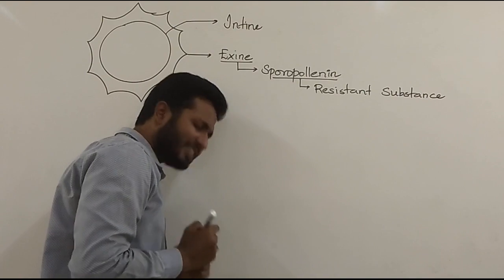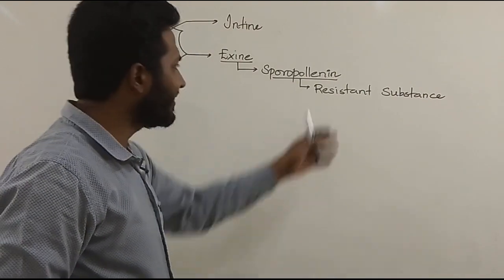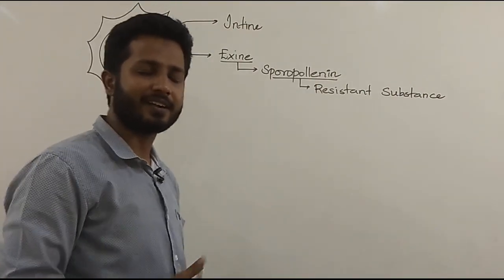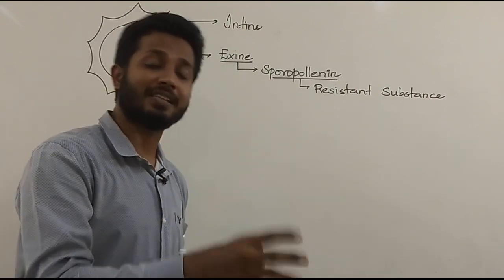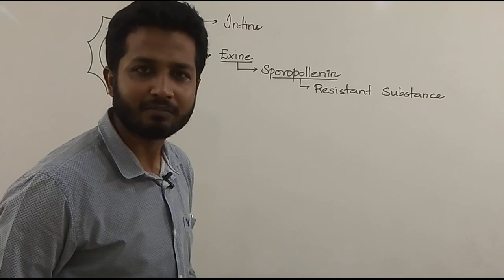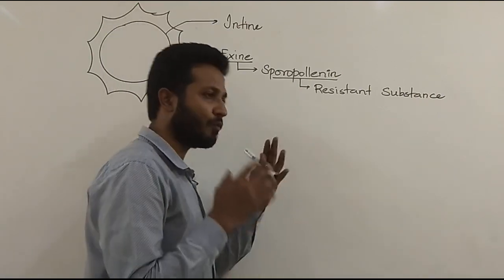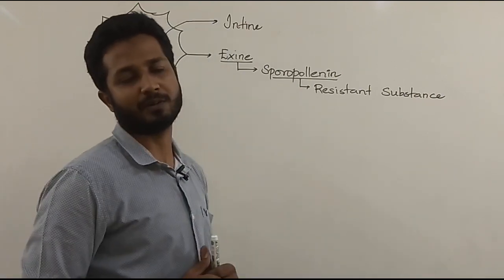Most resistant substance means what? It doesn't get degraded by any acids, nor by any base, nor by any enzymes, neither by any temperature. So there is no way that you can destroy this particular region.